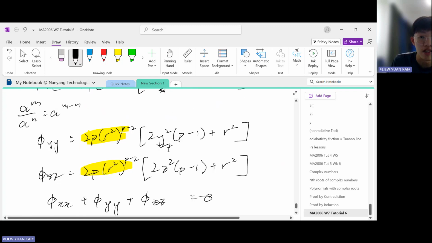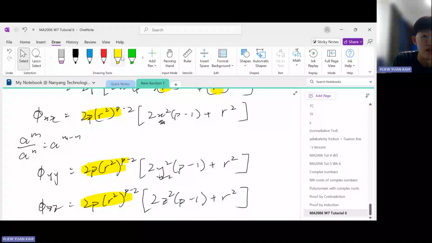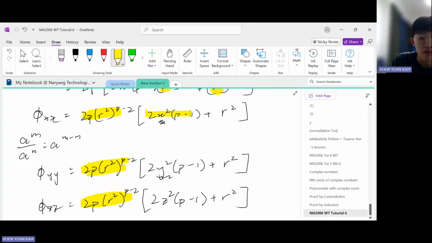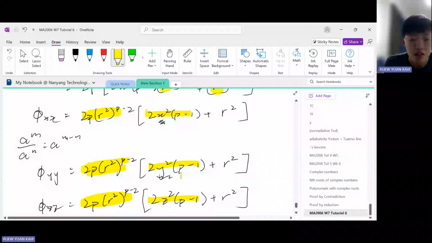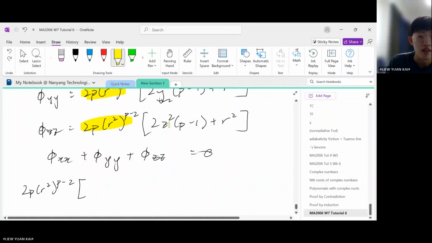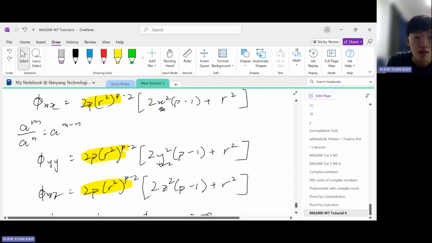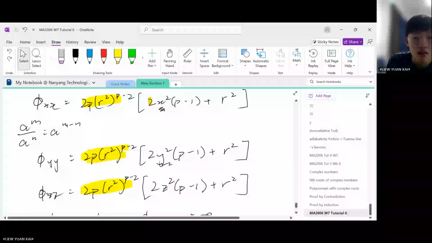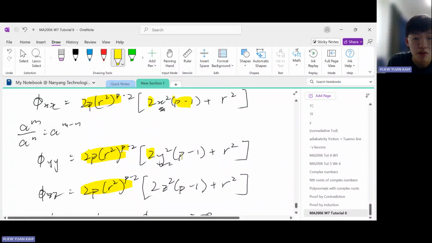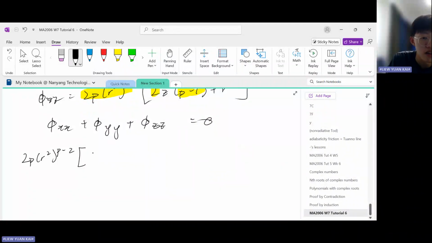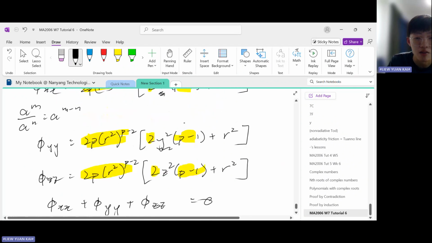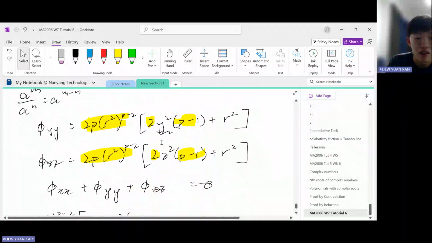Now let's check what's inside the brackets. Inside the brackets, we add this term with this term with this term. Look at the common factors between these three terms: 2p minus 1, 2p minus 1, 2p minus 1. So we shall factorize that out also. 2p minus 1 is a common factor, leaving behind the terms that are different: x squared, y squared, z squared.